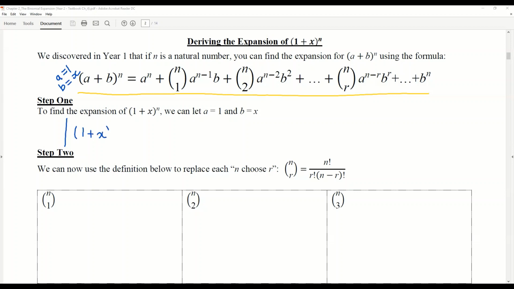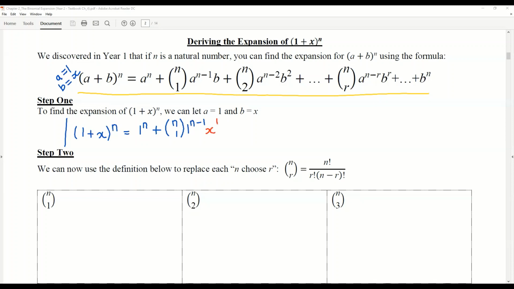a closer inspection on the right-hand side, I'm going to have 1 to the power n. Okay, we don't know what n is, of course. Add n choose 1, 1 to the power n subtract 1, and then my x term comes in. So then I'm going to get x to the power 1.